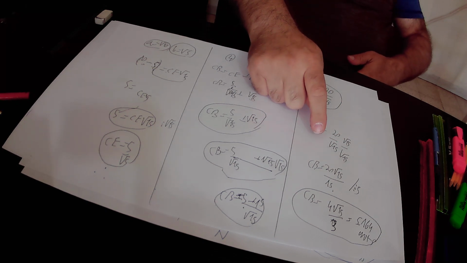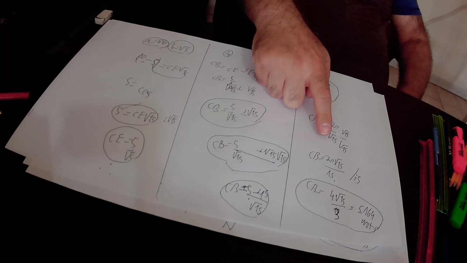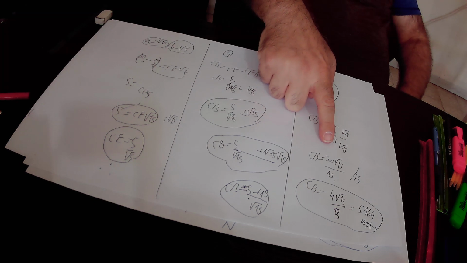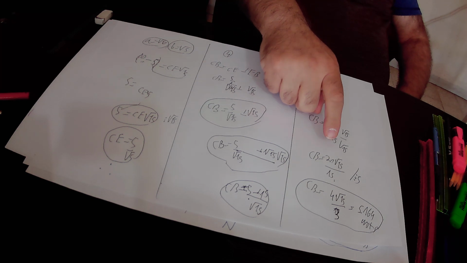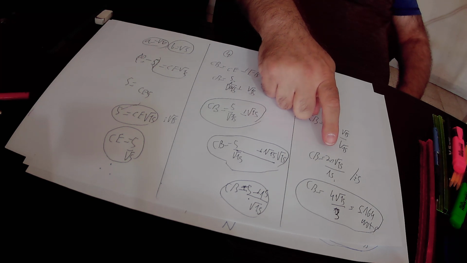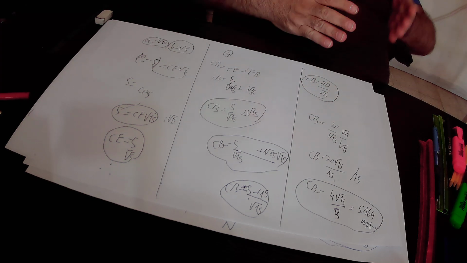Here we divided both the numerator and the denominator of this expression by 5. So 20 over 5 is 4. So in the numerator we have 4 times square root of 15. In the denominator we have 15, so we divided 15 by 5. 15 over 5 is 3. So in the denominator we have 3.